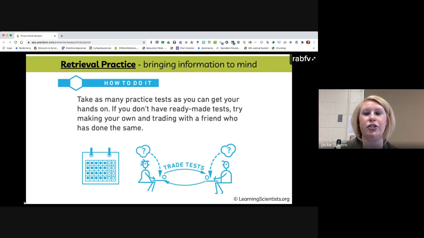You and a friend could trade. As a teacher, of course, you can come up with different ways to do that. Having students do Quizlet, for example, is helping them bring information to mind.